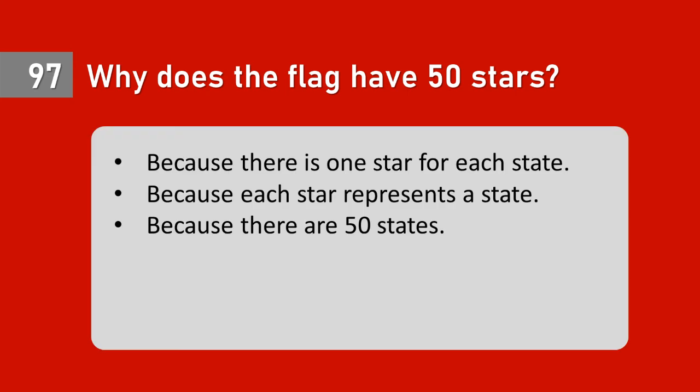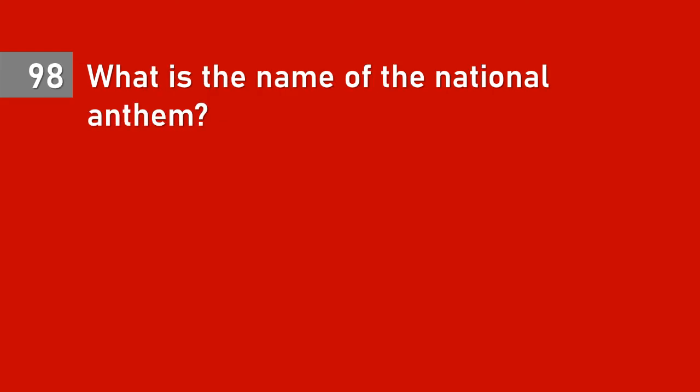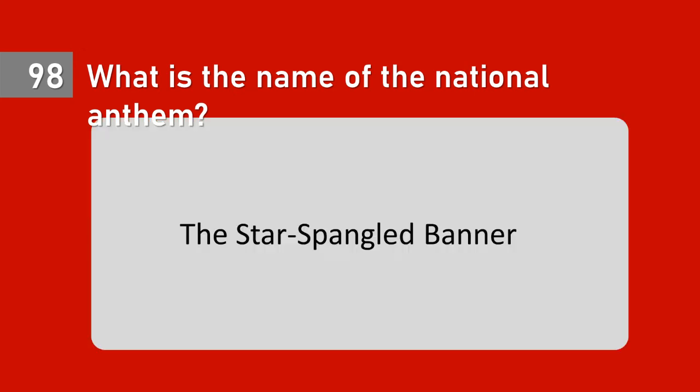Because there is one star for each state. Because each star represents a state. Because there are 50 states. Question 98. What is the name of the national anthem? The Star-Spangled Banner.